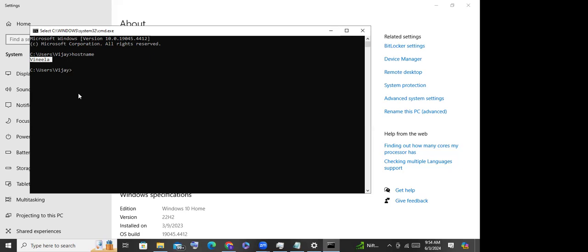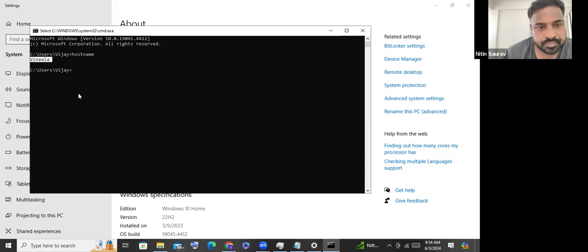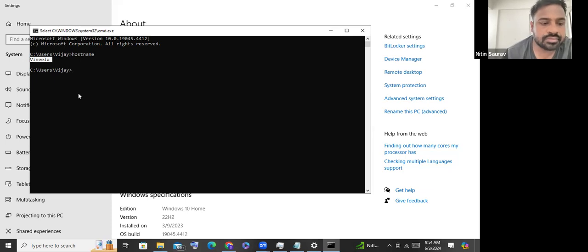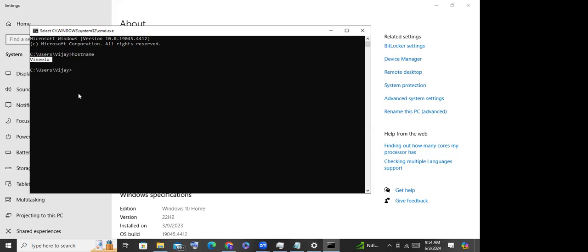So, in order to ensure that we would be able to identify the system uniquely, what we would do is assign an IP address. For each and every machine, we will assign an IP address.